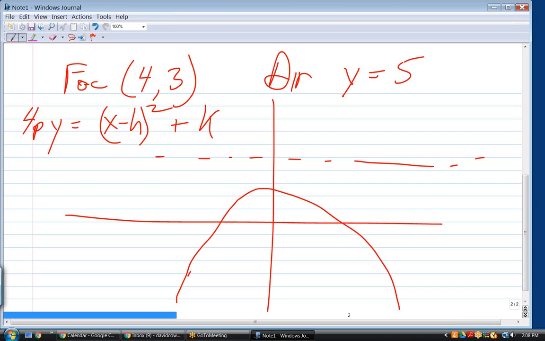So the directrix being y equals 5 tells you the coordinates of that point right there: (0, 2.5). Well, we know the focus is at (4, 3). So actually, I can redraw this thing. Let's draw it properly.